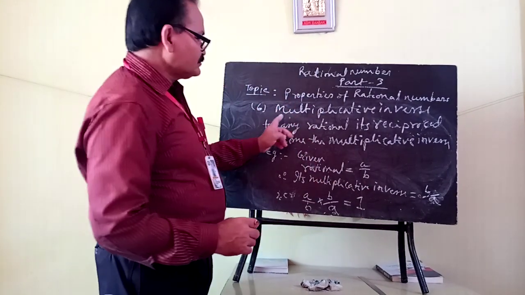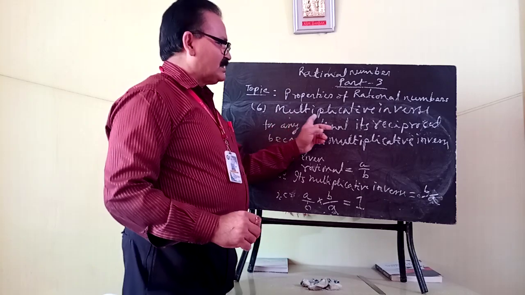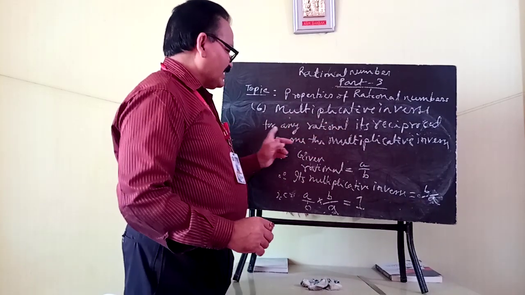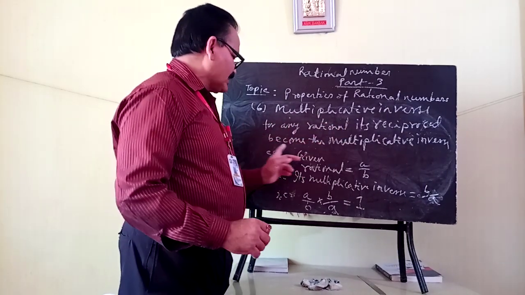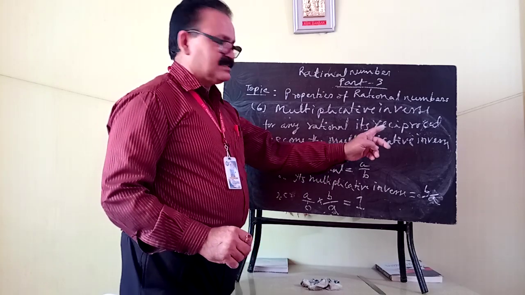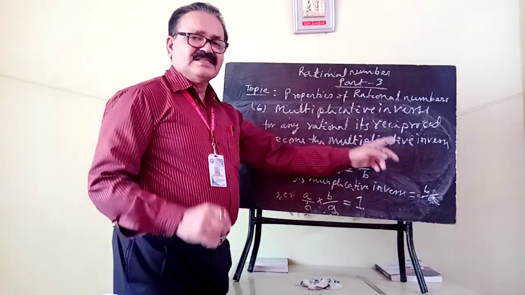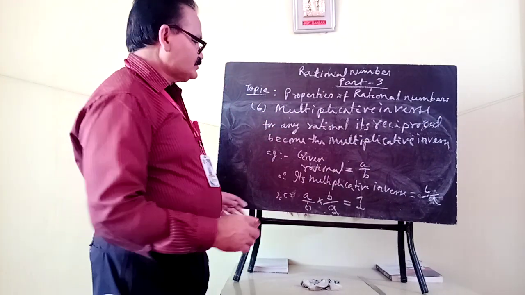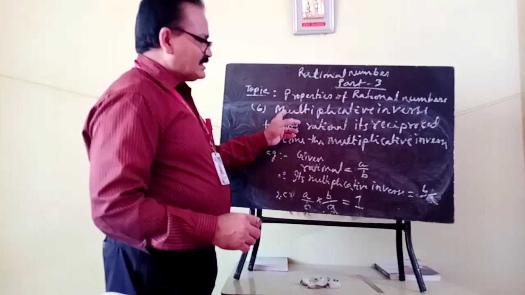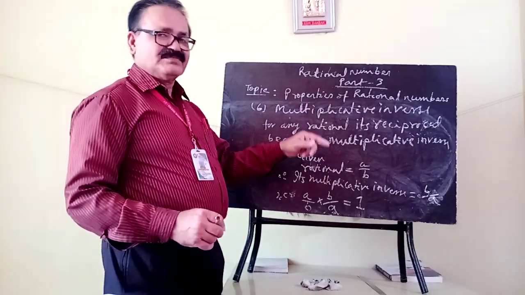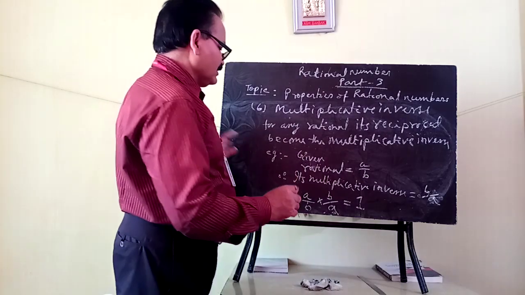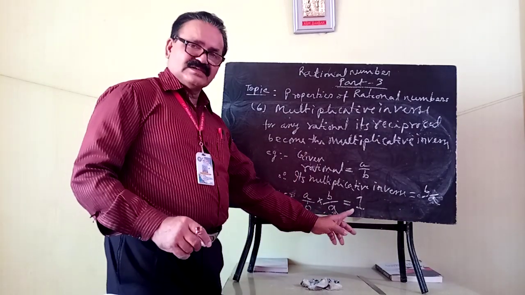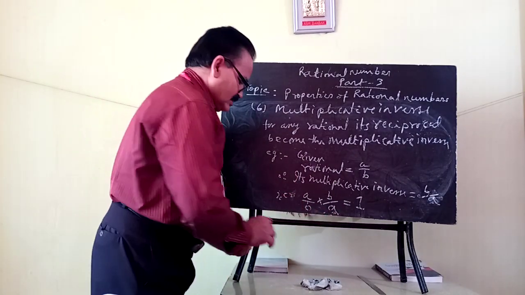So for any rational, its reciprocal becomes the multiplicative inverse, and the product of the rational and the multiplicative inverse of the rational becomes 1. Okay, it is clear?